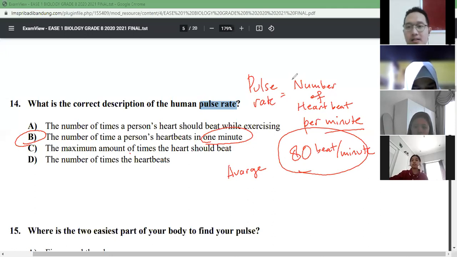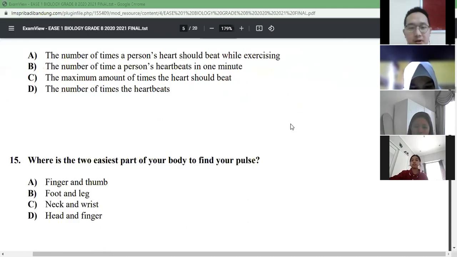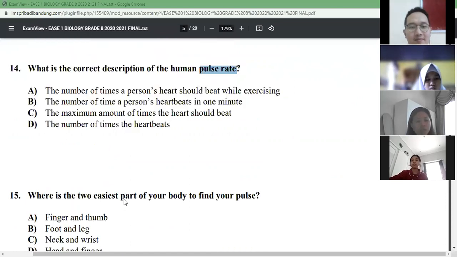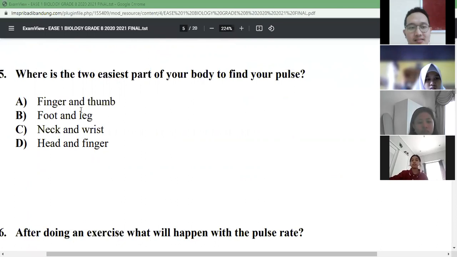Okay, anyway. Let's continue. What are the two easiest parts of your body to find your pulse? I think we have discussed this just before. Finger and thumb. Can you feel your pulse through this finger?